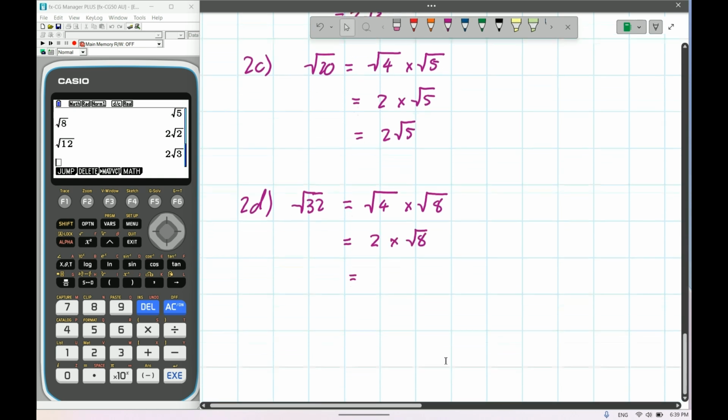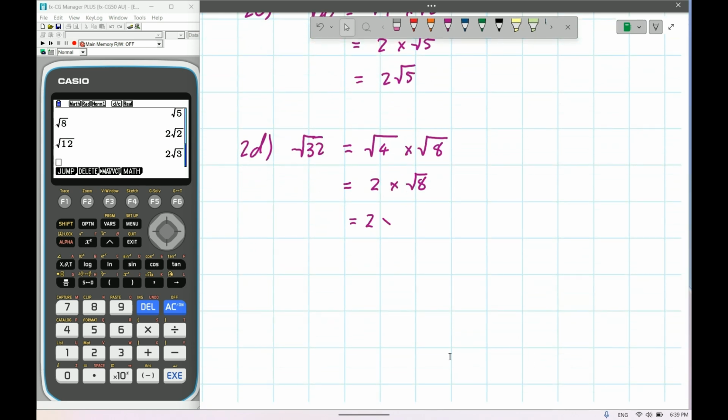But in fact, you can actually break up the square root 8 even more. You can break it up as a square root 4 times a square root 2. And so this will become 2 times 2 is 4, so that would make 4 root 2. So that's one way of doing it.